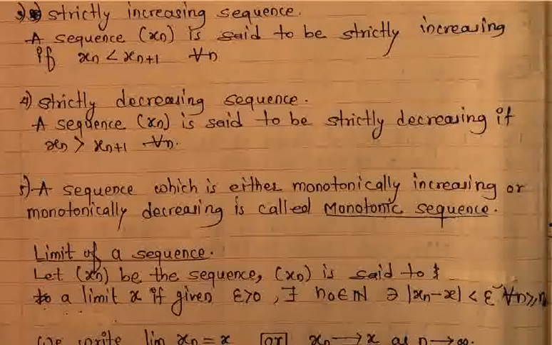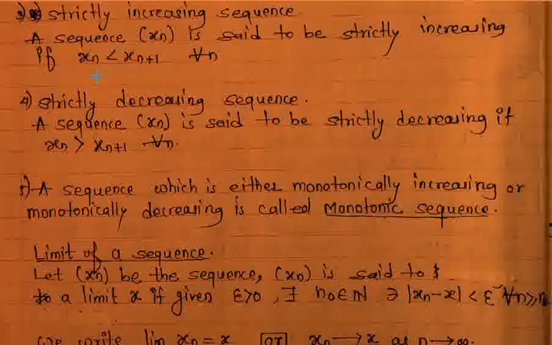Now for a strictly increasing sequence. Strictly increasing if xn is less than xn plus 1. So for this one, you're going to have x1, which is less than x2, which is less than x3.